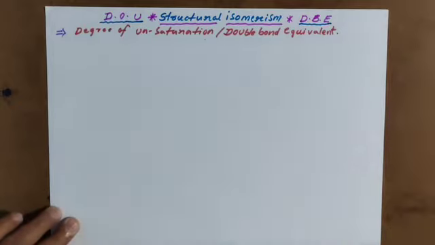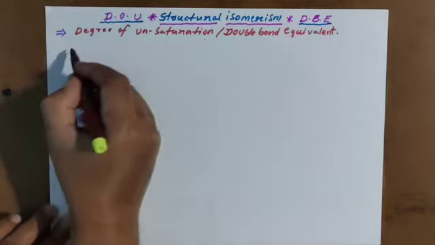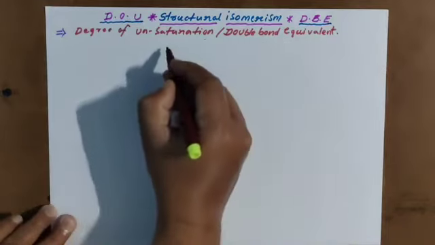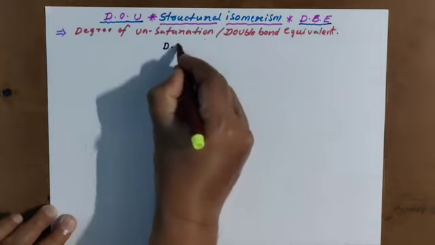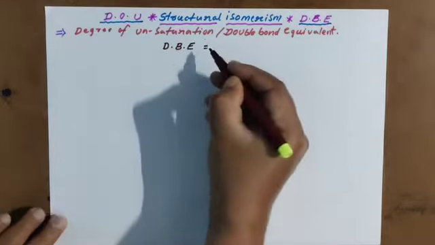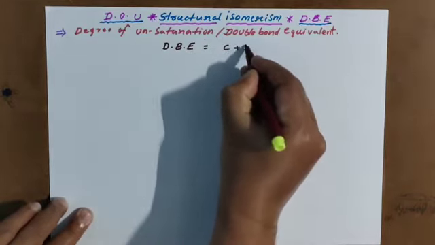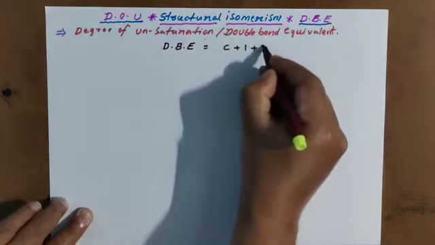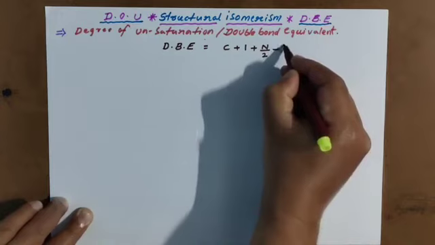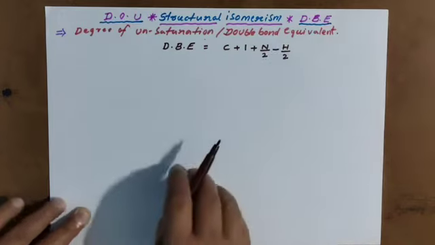For degree of unsaturation, or double bond equivalent, we have one formula, that is DBE. The formula is C plus 1 plus N by 2 minus H by 2.